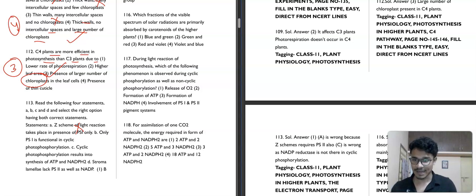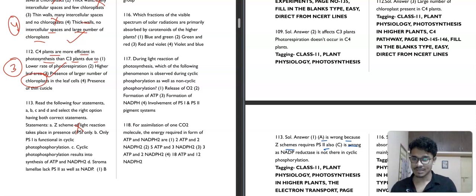Then it is saying that cyclic photophosphorylation results in synthesis of ATP and NADPH, and lastly it is saying stroma lamella lacks PS2 as well as NADP reductase. So A is wrong because the Z scheme requires PS2 also, you know that, and C is also wrong.